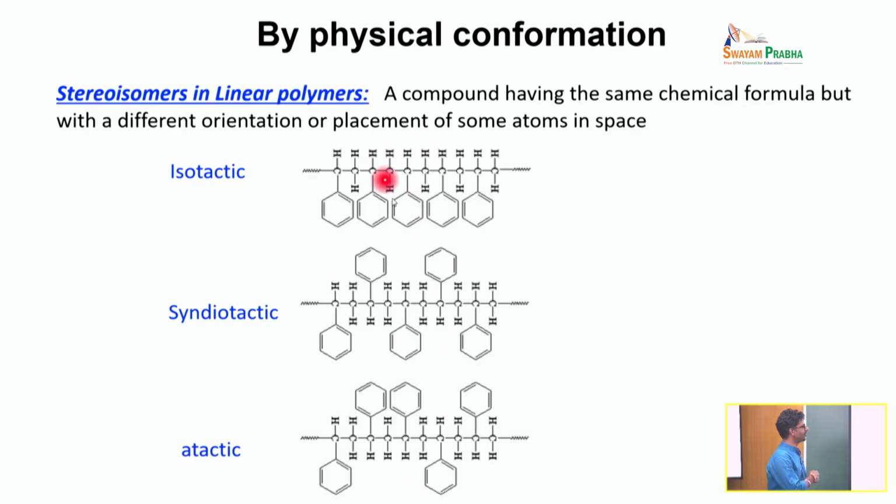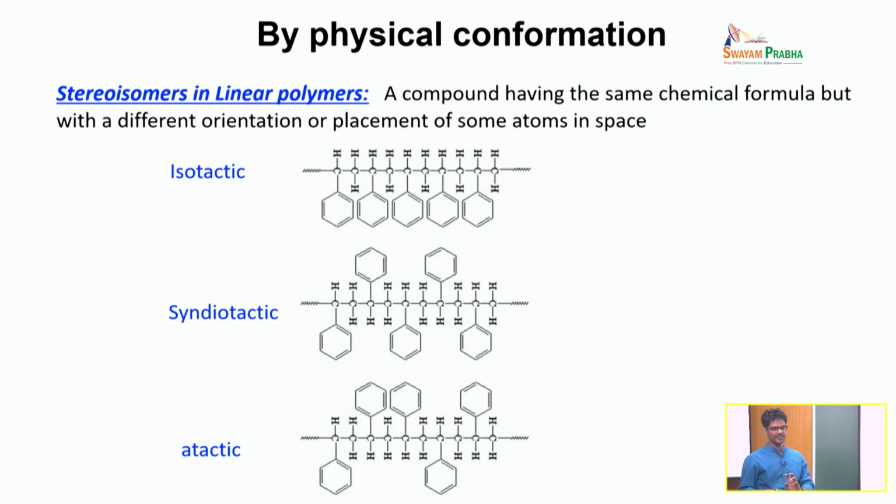All of them are polystyrene, but in this two-dimensional representation, you can see the way that the styrene side group is arranged. In this first example, all the styrene groups are on one side, all the hydrogens are on the other side, and there is a hydrogen between each of the aromatic groups. This we call isotactic polystyrene.